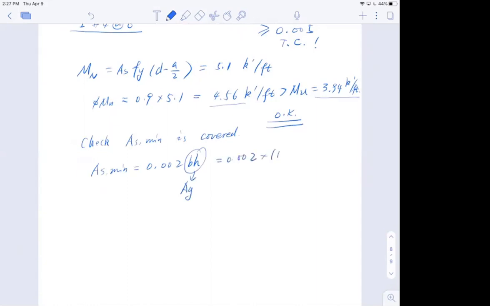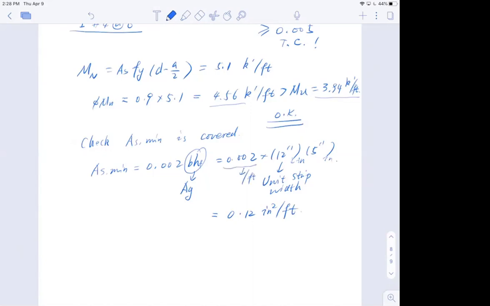As we all know, 12 inches is the unit strip width, and I have 5 inches of slab height, h_f. This number I got is 0.12 inch squared per foot. Don't forget, you may get a little bit confused. I have inches here and inches there. Where is that per foot coming from? That per foot is buried in this factor here.